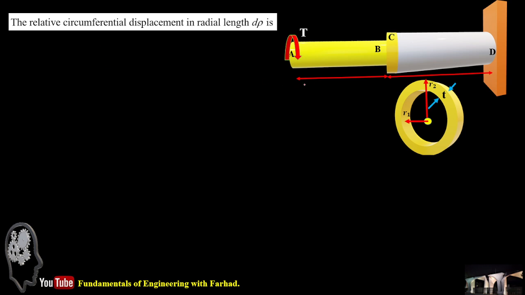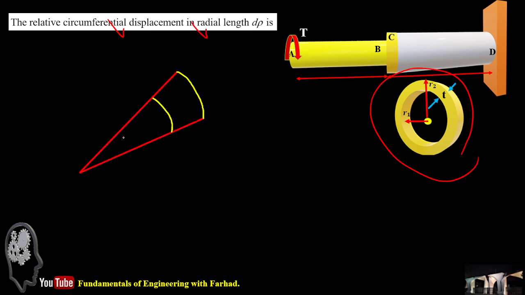So if we move to the annular plate, the relative circumferential displacement in radial length d rho, where rho is the radius. If you take an element out of that, you can easily see the circumferential displacement.